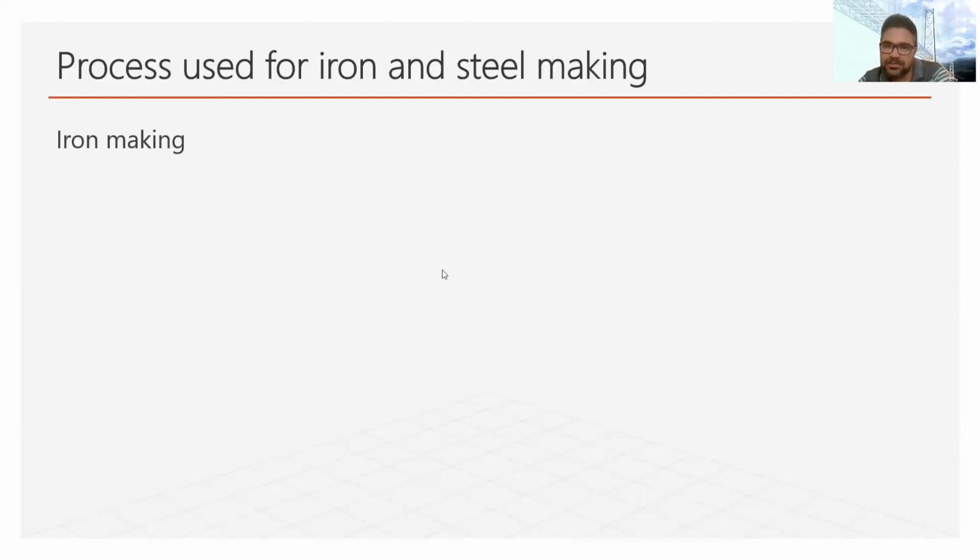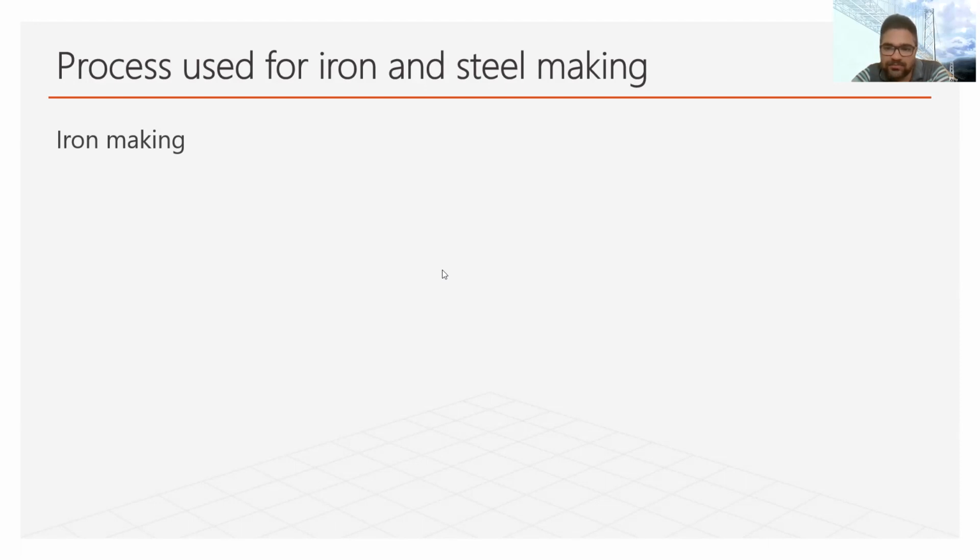So basically, this iron production is a continuous process and consists of chemically reducing iron ores. Iron ores are basically the compounds of iron with non-metallic elements, and they contain impurities such as carbon, manganese, phosphorus, silicon, and sulfur.